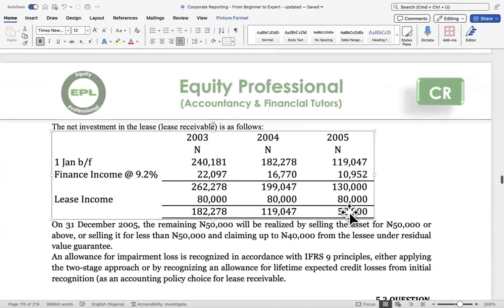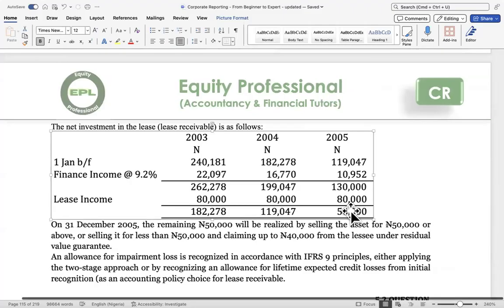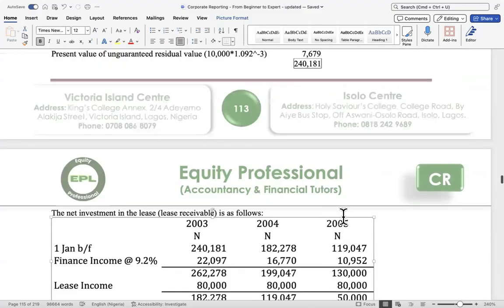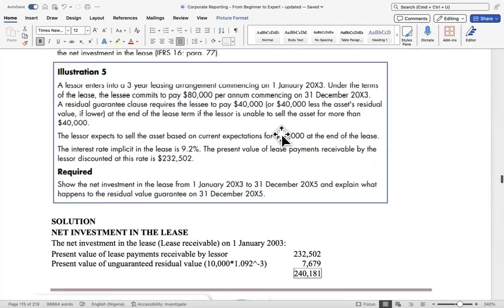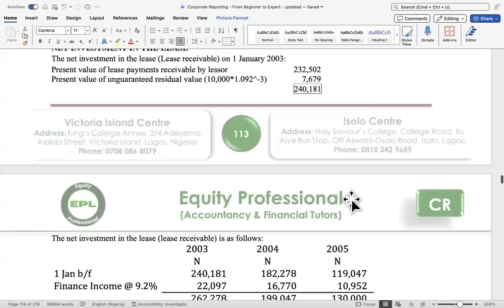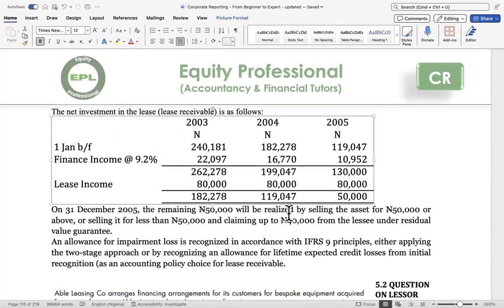So the question also says we should explain this 50,000. See, this 50,000 is just the expectation of the lessor, what the lessor believes he will get. However, from this 50,000, he is sure that the lessee is going to take up 40,000, because it has been guaranteed in the question.